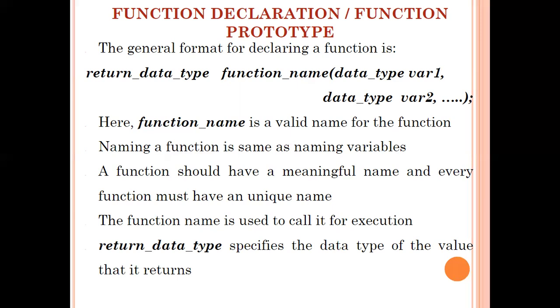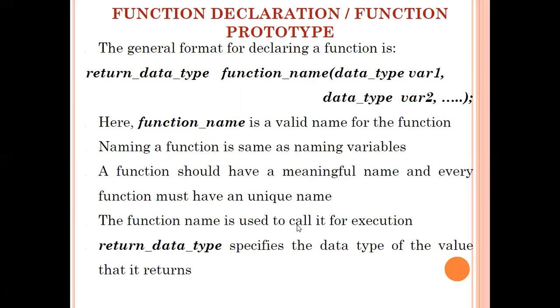If you look at those functions, you can easily come to know that the add of function is used to perform addition operation, and the sub of function is used to perform subtraction operation. So in order to understand what the corresponding function actually does, we have to provide a meaningful name for a particular function.